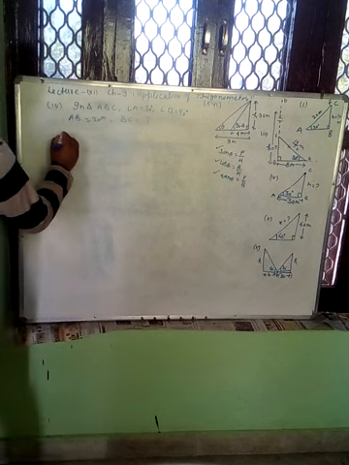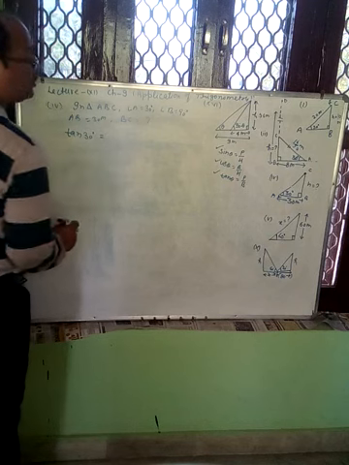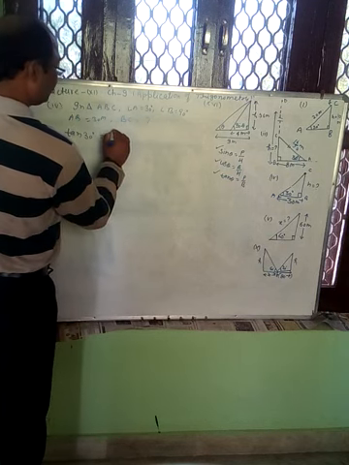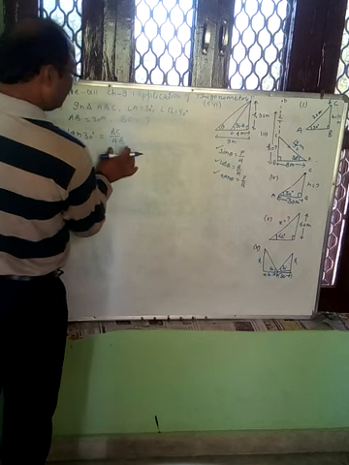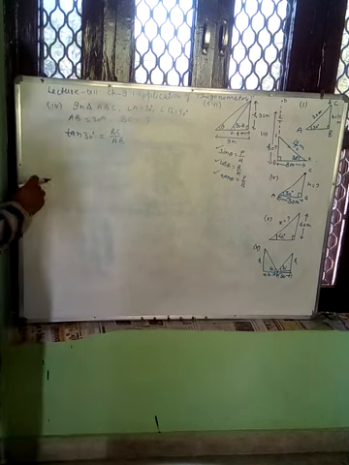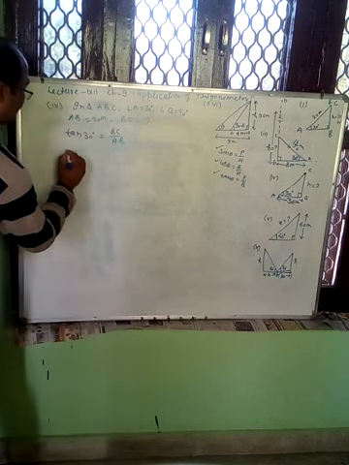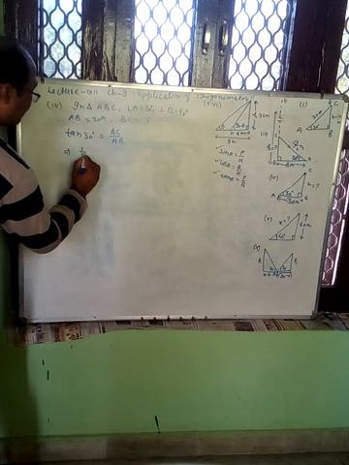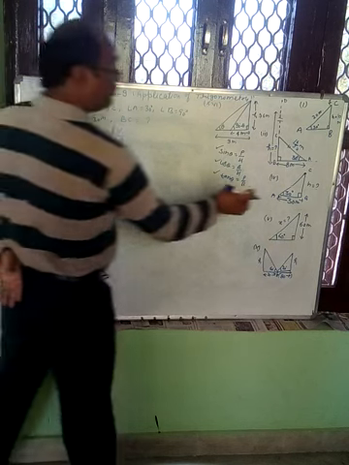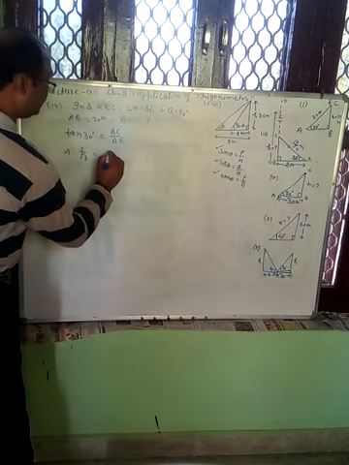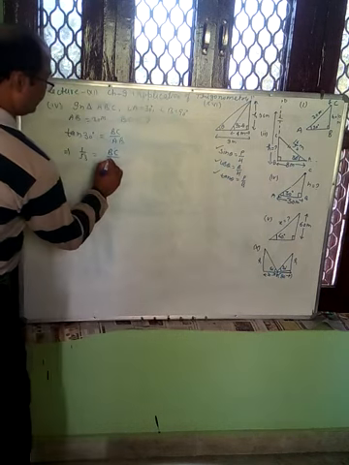So apply here tan 30 degrees is equal to BC upon AB. This is perpendicular, this is base. Tan 30 degrees, we already know, is equal to 1 upon root 3. This 1 upon root 3 is equal to BC upon AB, where BC is h, and AB is 30.